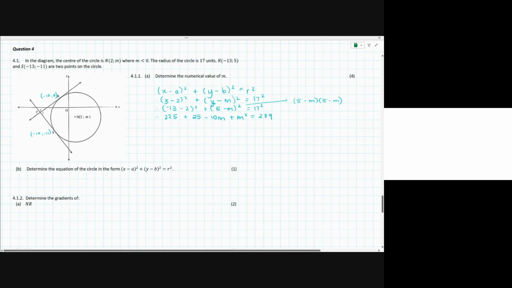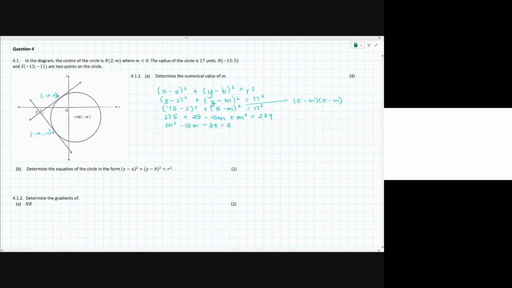And now we solve. Because of the m², I know it's quadratic, so m² - 10m, and if I collect all of those like terms, I end up with 39. I will check my maths. Negative 39, sorry. Not positive. Negative 39.